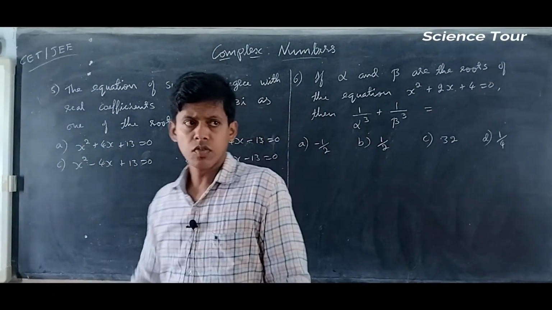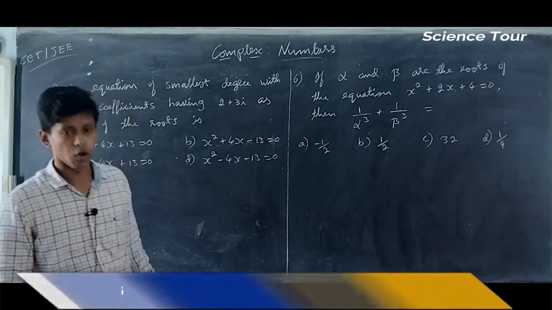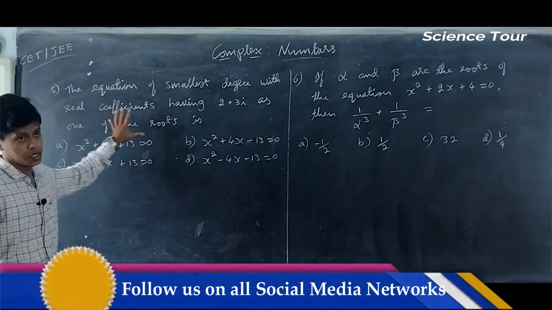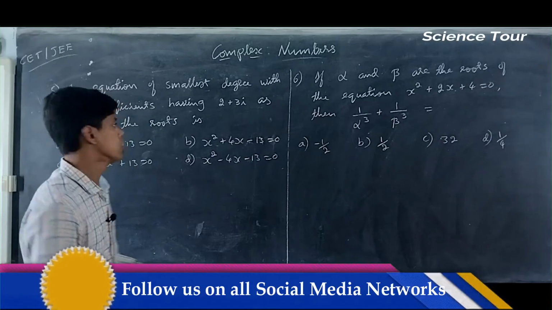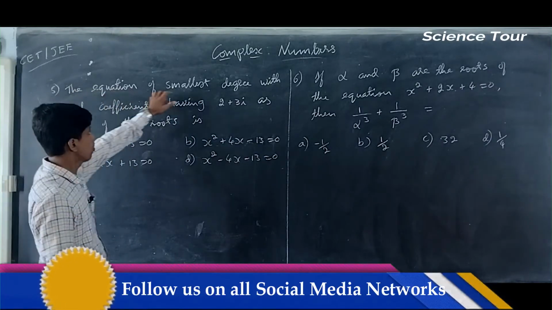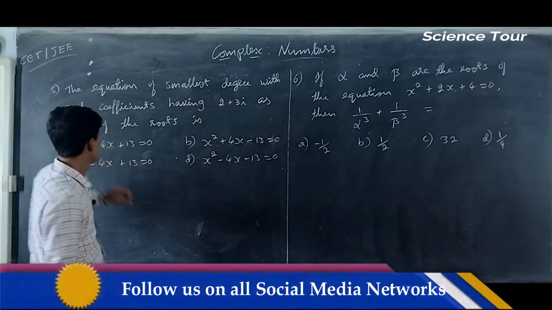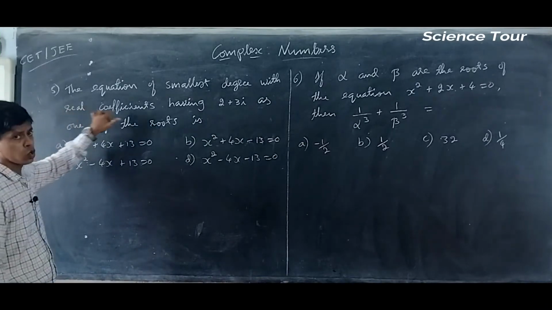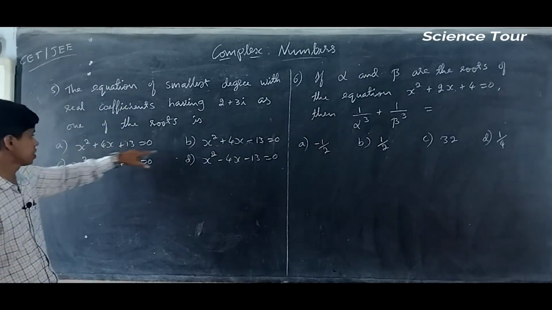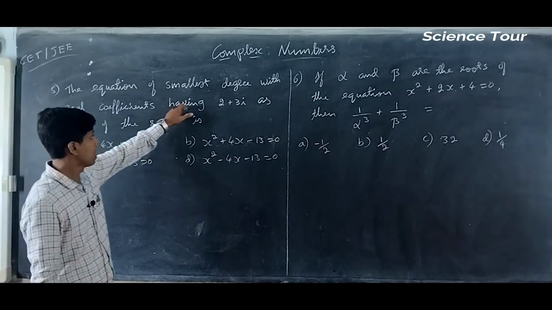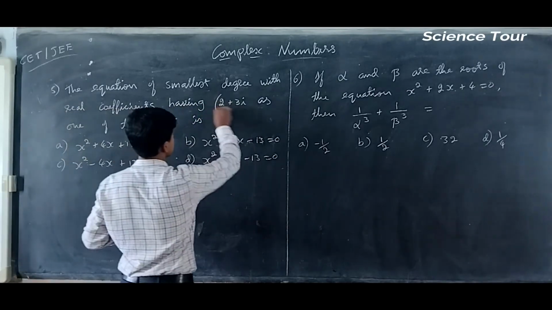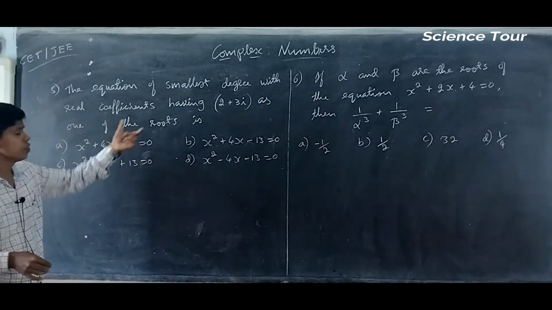Let's move to the 5th question of complex numbers and in particular quadratic equations. The equation of smallest degree with real coefficients, okay, all the coefficients are real, having 2 plus 3i as one of the roots.